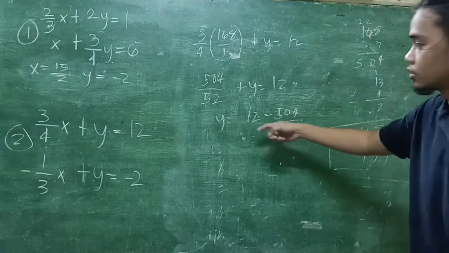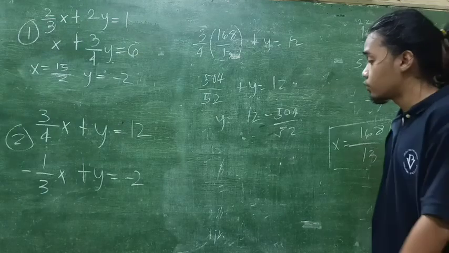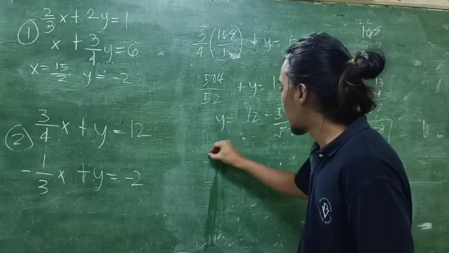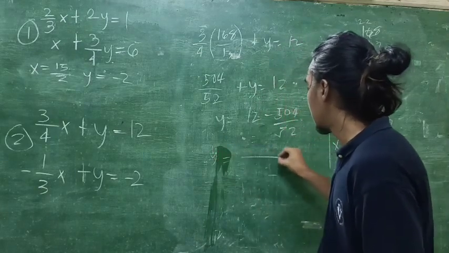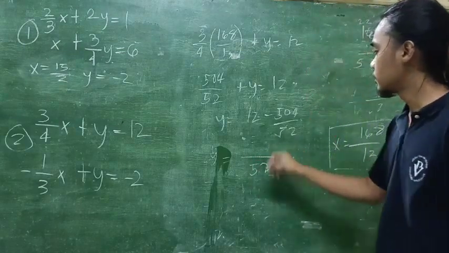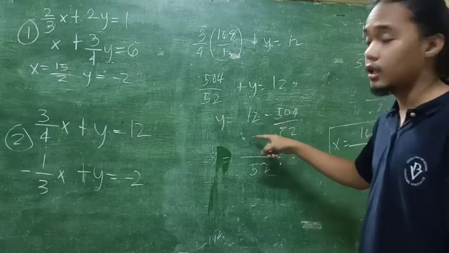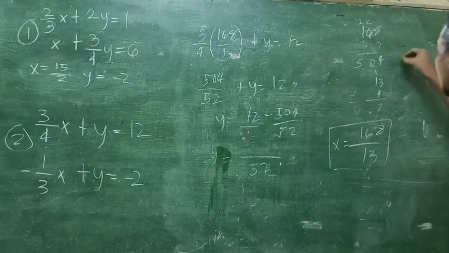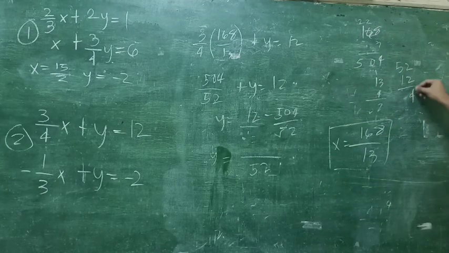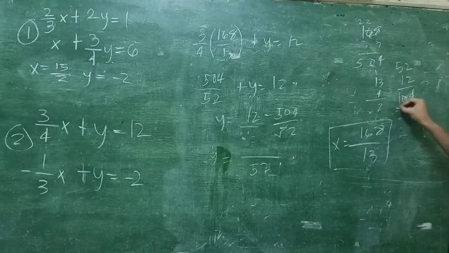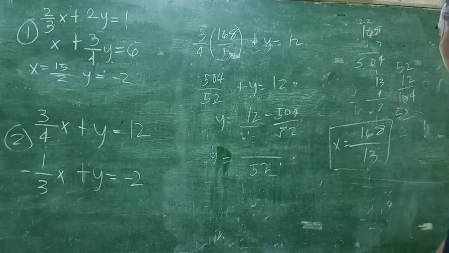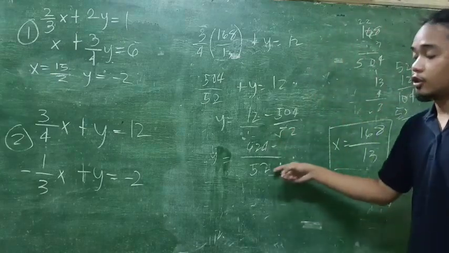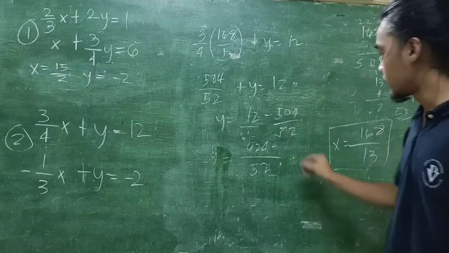Now we have to subtract these two, so we are going to look for their LCD again. 52 divided by the denominator of 12, which is 1, is 52 times 12, which is 624. 624 minus 52 divided by 52 is 1 times 504 is 504.